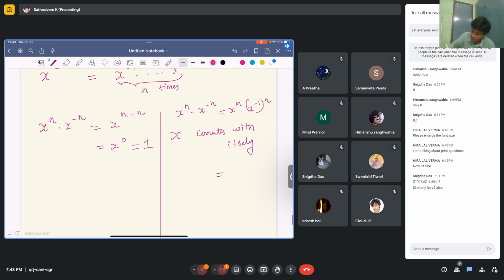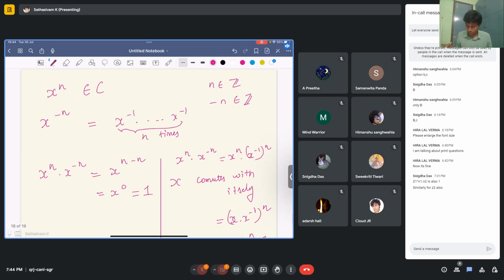So we can write this as x times x inverse, to the power n. So this is 1 power n, which is 1. So the same problem, there are many ways you can do it, however you want to do it.